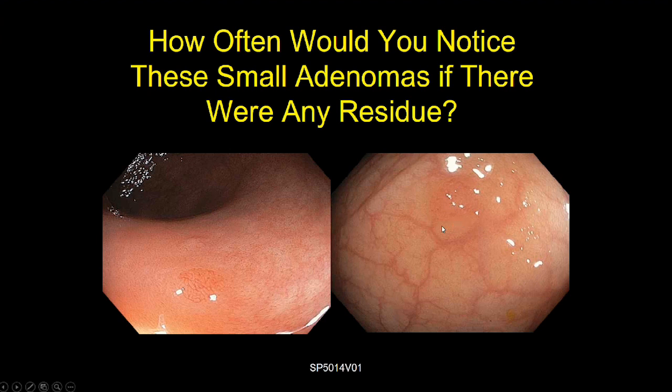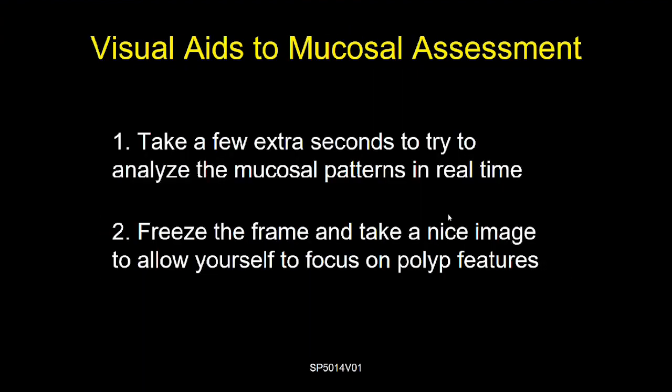Here on this polyp on the right, you see this little blood vessel. It stops right short of where the mucosal pattern changes, and that helps tell where things are. With a little bit of stool, you're not going to be able to notice that. Now, some visual aids. Take the seconds to analyze the patterns in real time as you're going along.